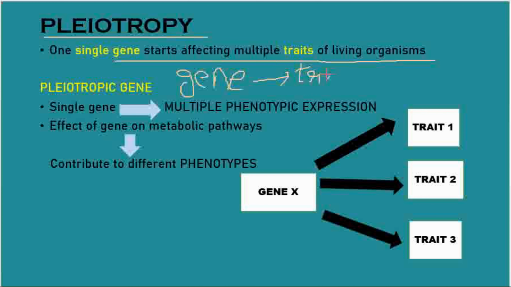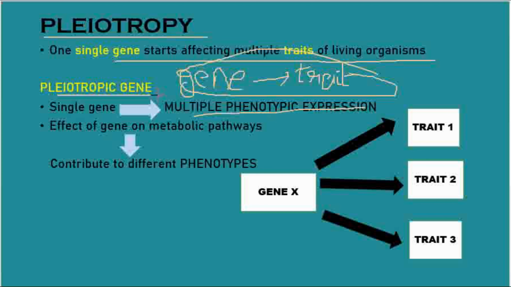That's what Mendel said, right? It can be flower color or anything. So a single gene, a single character. But here, single gene, multiple characters will be expressed. That's the difference. Okay, so that gene which results in expression of multiple phenotypes is known as the pleiotropic gene.